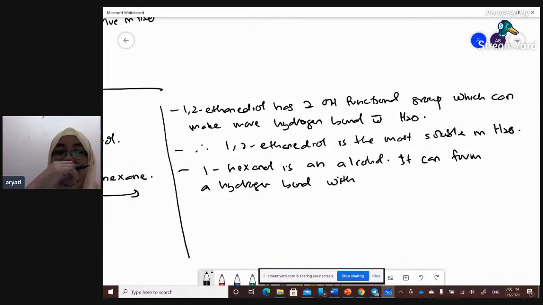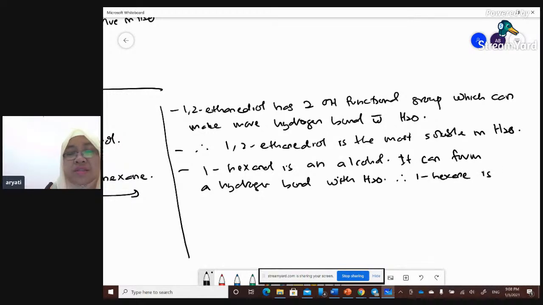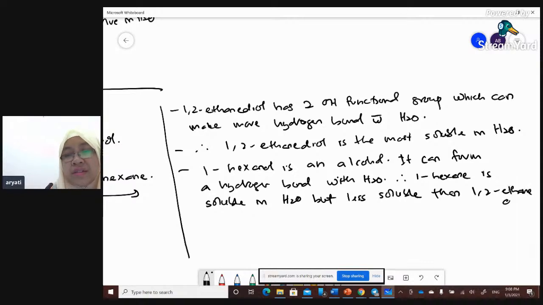So it can form a hydrogen bond with water. So therefore 1 hexanol is soluble in water but less soluble than 1,2 ethane diol.